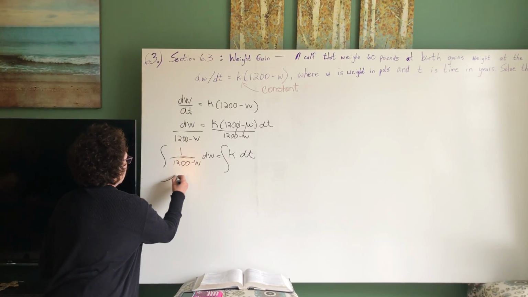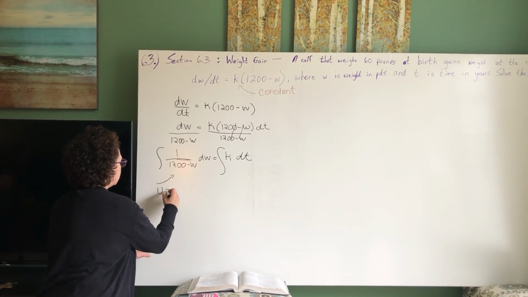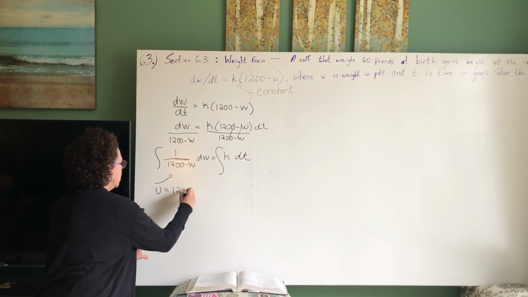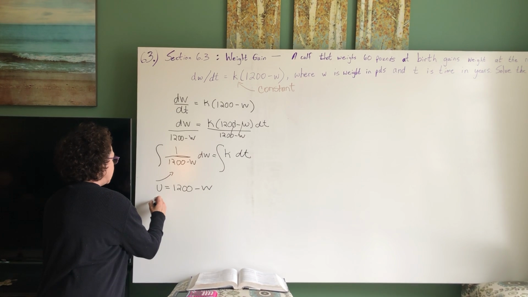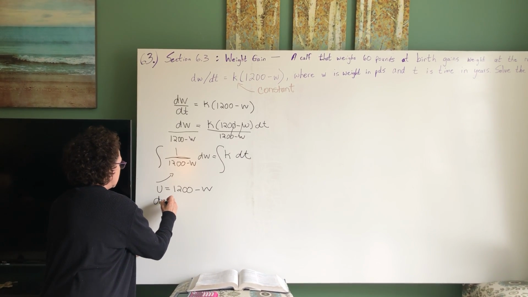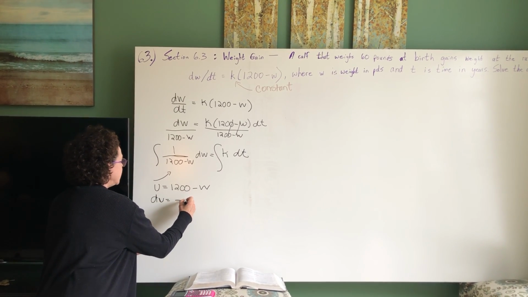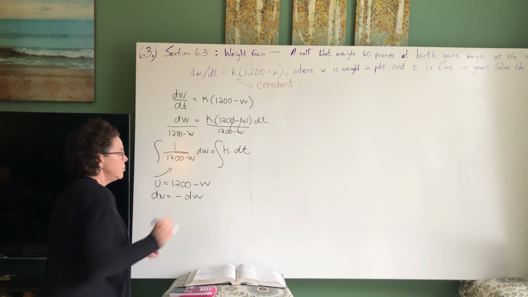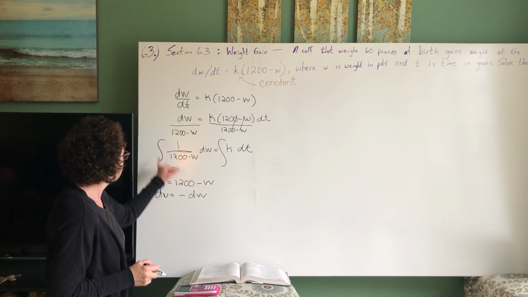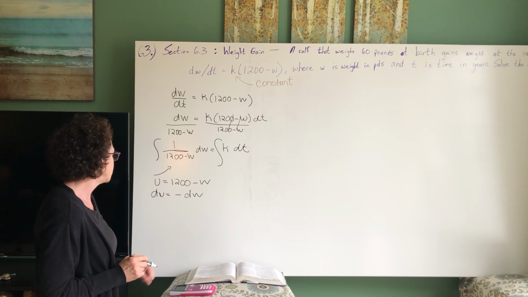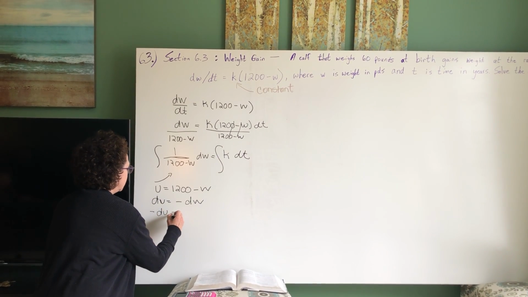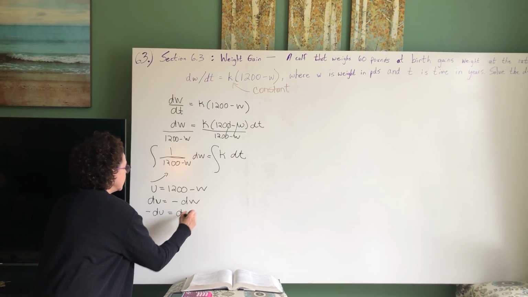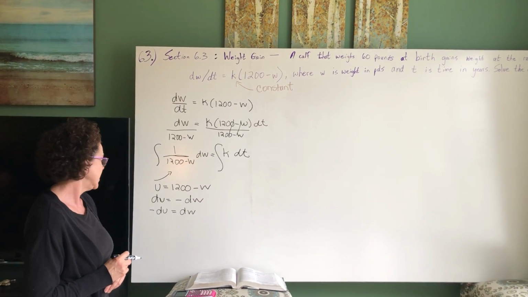We are going to make our u equal to 1200 minus W. That means our du would be a negative dW. When we take the derivative, I do not see a negative in this expression, so we're going to multiply both sides by a negative so that our substitution is exact.